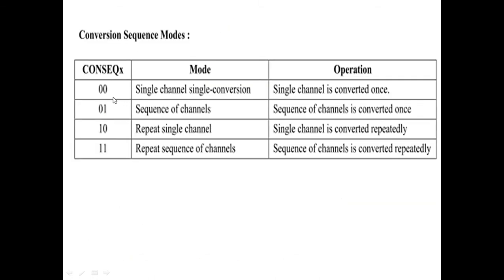If you select 0 0, single channel single conversion will be started, meaning a single channel is converted once. If you select 0 1, a sequence of channels will be converted once. 1 0 indicates repeat single channel, and 1 1 repeats the multiple channels repeatedly. Based on the selection, the conversion will be started.